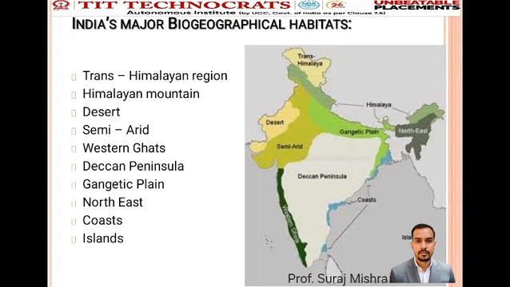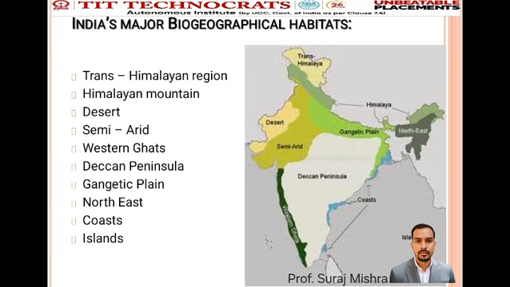This Western Ghat region of India is home to more than 5,000 flowering plant species and more than 500 bird species. And when we talk about the animals, here we find Nilgiri tahr, Indian gaur, lions, and elephants.